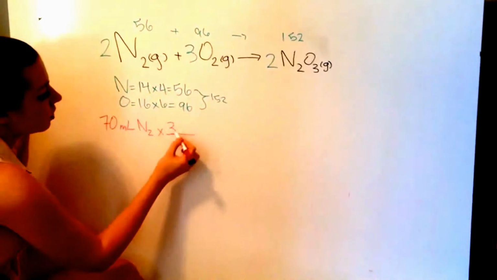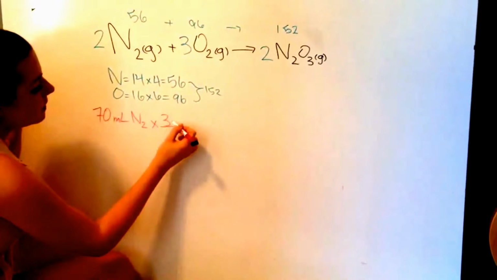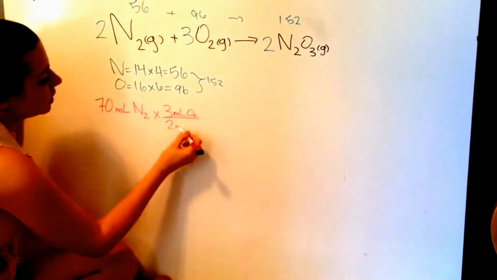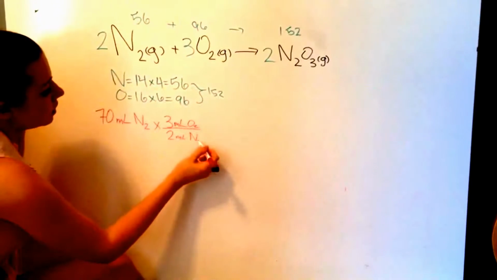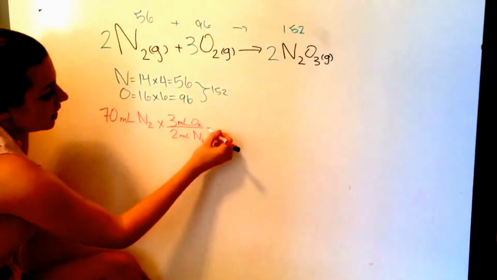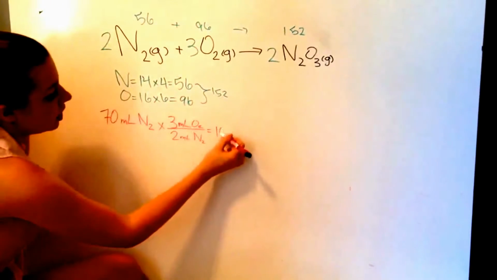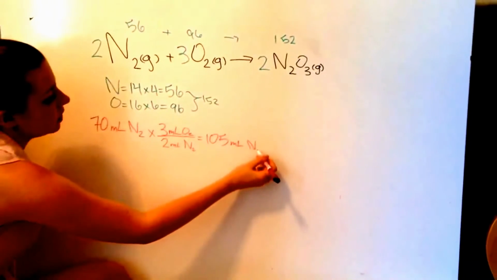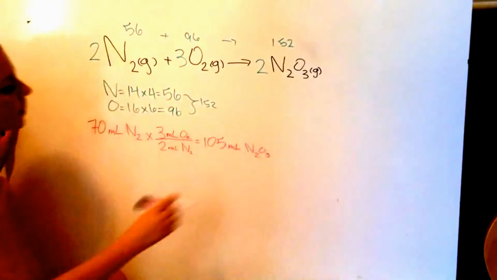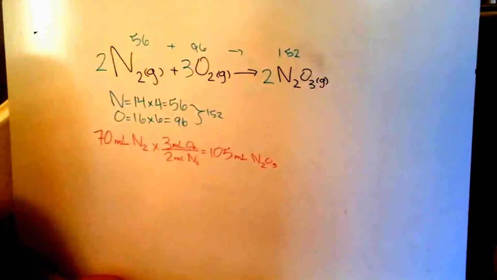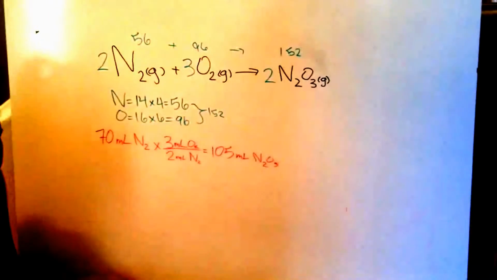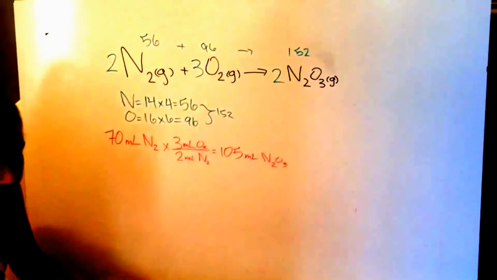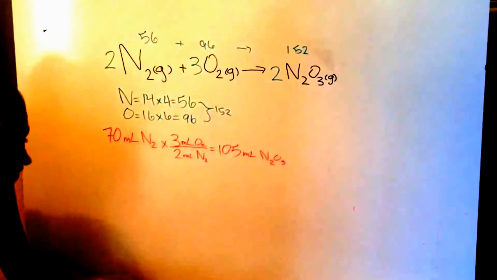So it's 3 milliliters O2 over 2 milliliters of N2. And then that is equal to 105 milliliters of N2O3. But for the limiting reactant, you need to find the smallest number of the volume because this is a volume problem. So, next problem.